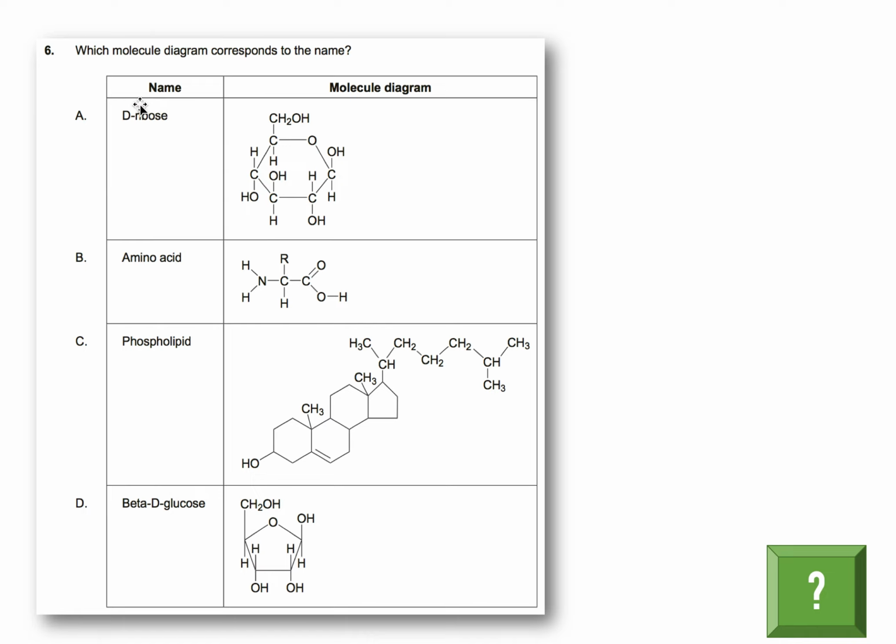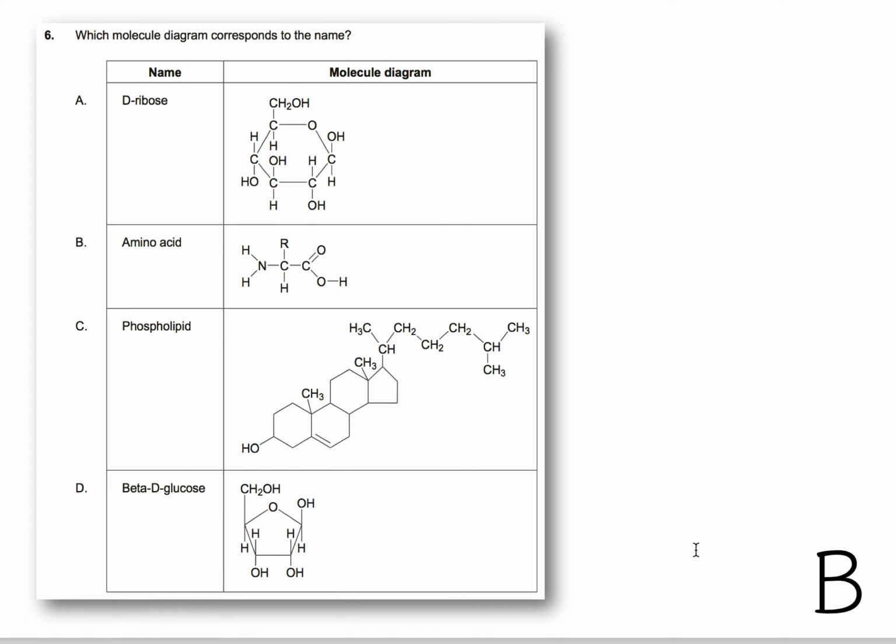Even if you didn't know any of A, C, or D, you would still be able to get this question right just because you should know what structure an amino acid has. So C is wrong because it's not a phospholipid. This is cholesterol. D is wrong because this is a ribose. Notice 5 carbons: 1, 2, 3, 4, 5. So this is a ribose, not a glucose. Maybe A and D could have been swapped around. So the answer here is B.